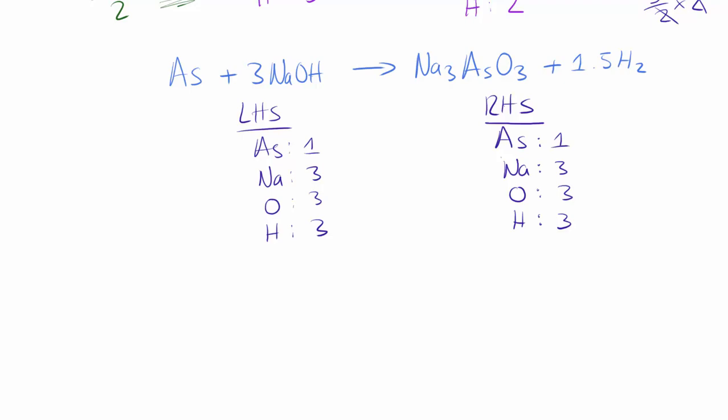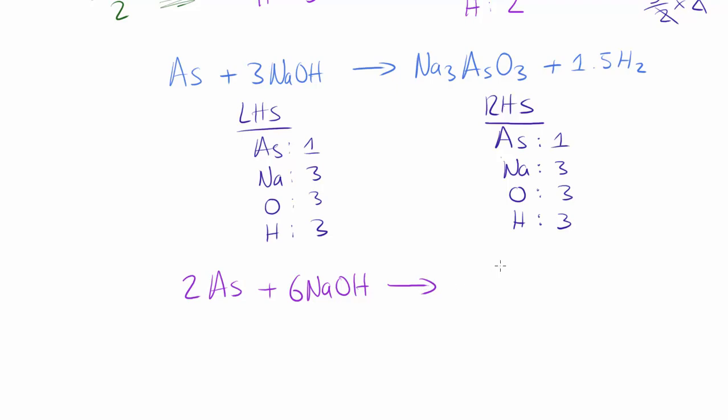So how am I going to do that? Well, a very straightforward way is to simply multiply everything by 2. If we do that, of course, the 1.5 is going to get eliminated, because then it's going to be 3. So that is exactly what I'm going to do. We're going to have 2As plus, and here we had 3 NaOH, multiply that by 2, we're going to have 6 NaOH, right?